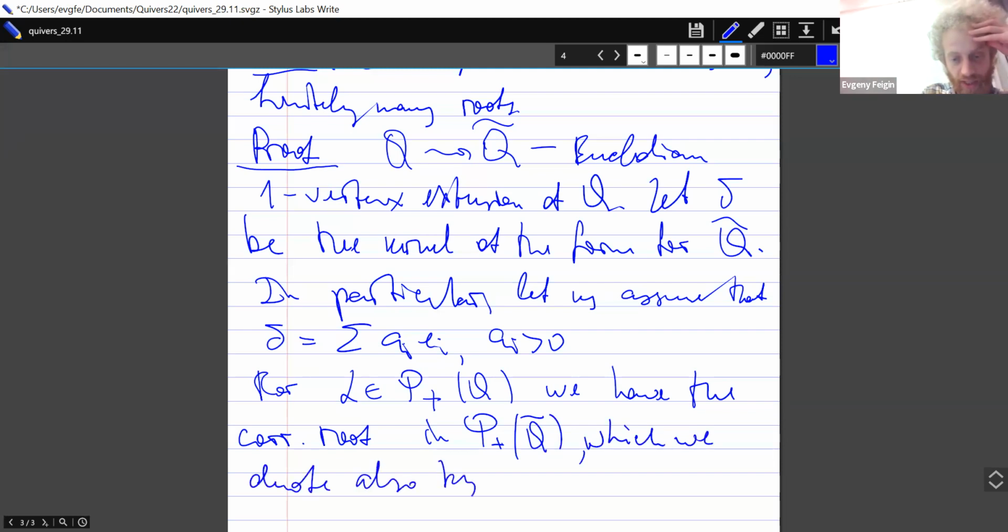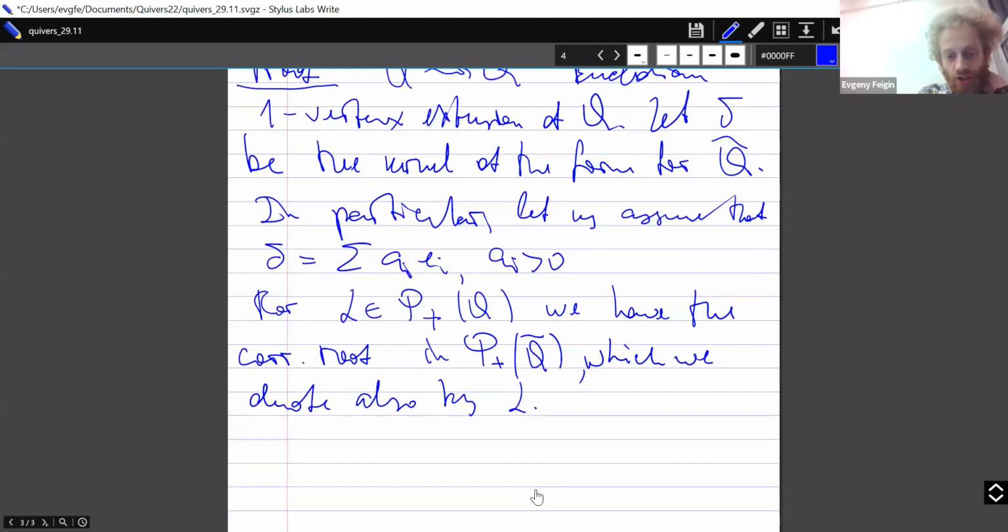Is it clear that the roots of Q are embedded into the roots of Q tilde? Just take the one extra coordinate to be 0. So we add one vertex and then we put the new coordinate to be 0.